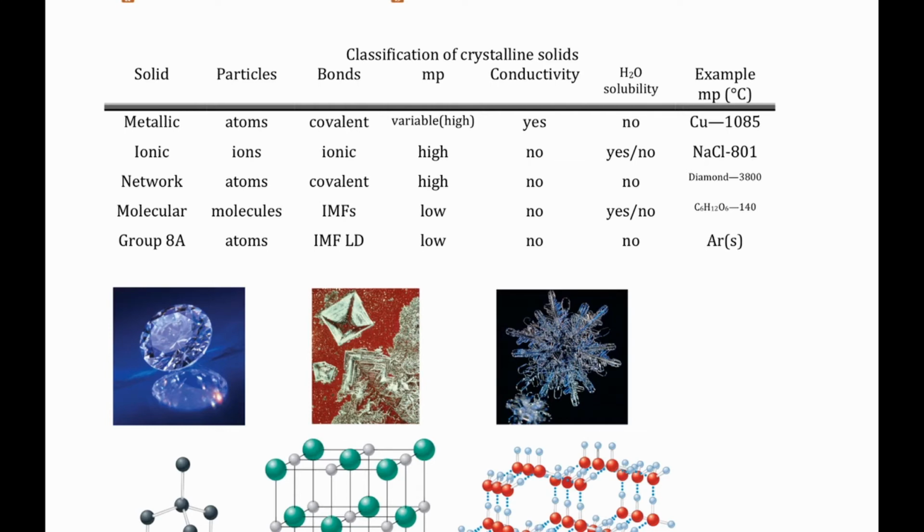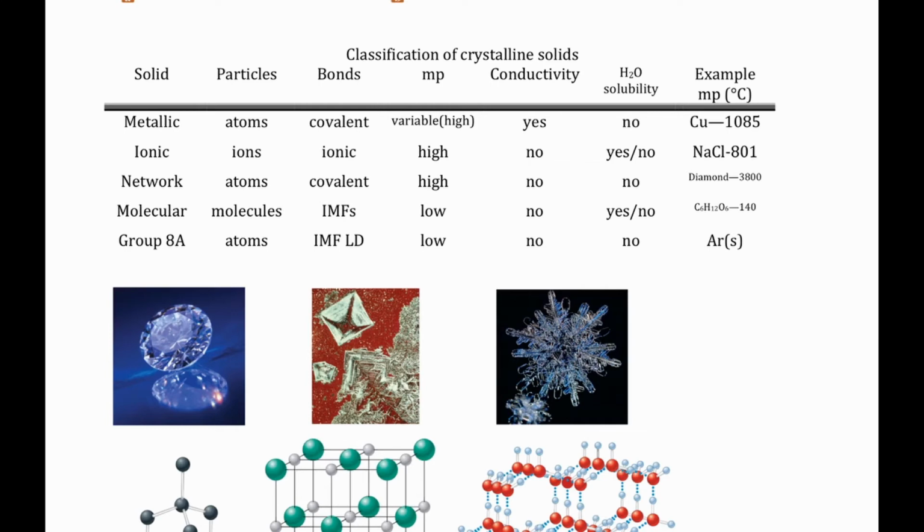Although they are made of ions, the ions are not mobile, so they cannot conduct. Some ionic compounds are soluble. In fact, probably most are soluble, but definitely there are a lot of ionic compounds that are not water soluble. So that's why we have yes, no there. Example, sodium chloride with its melting point of a little over 800 degrees Celsius.